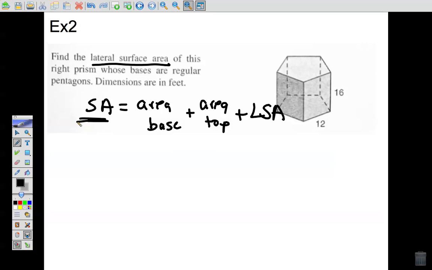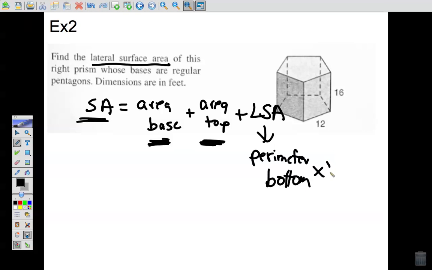LSA, how did we find the sides? The area of the base is the area of the bottom, the area of the top was the area of the top, but how did we find the lateral surface area? If you recall, that's the perimeter of the bottom times the height. That was the sides.